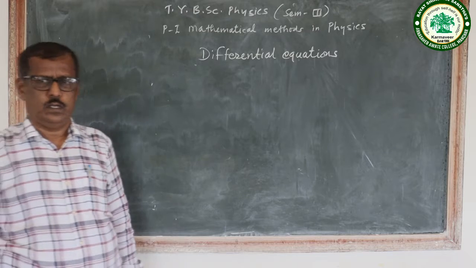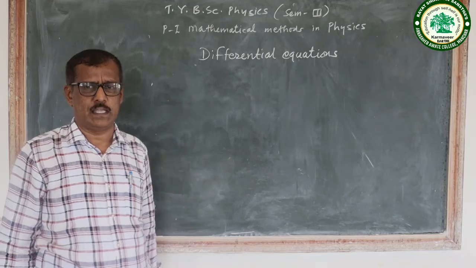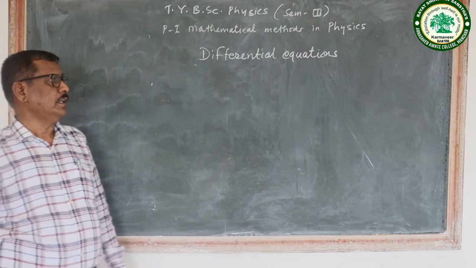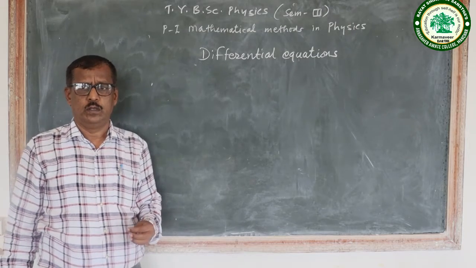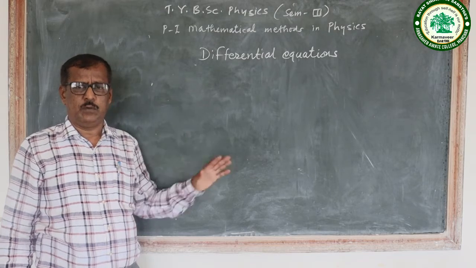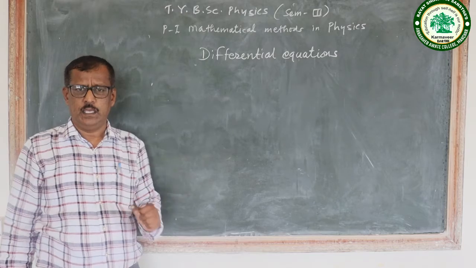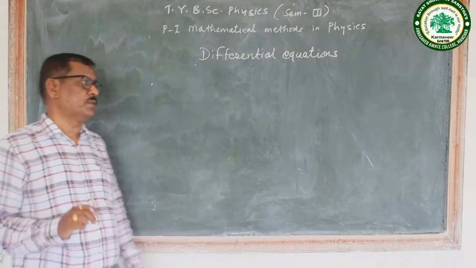Now, you know, there are so many types of equations. Out of that, we find the differential equations. We call an equation a differential equation if in the equation there are differential terms.